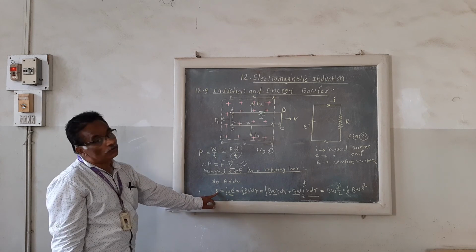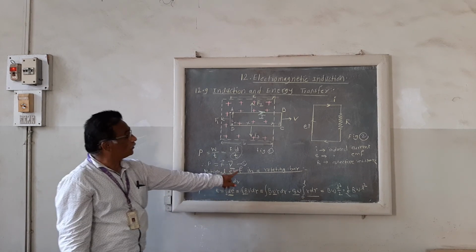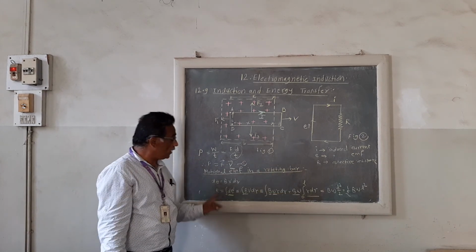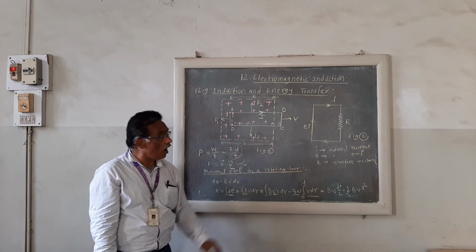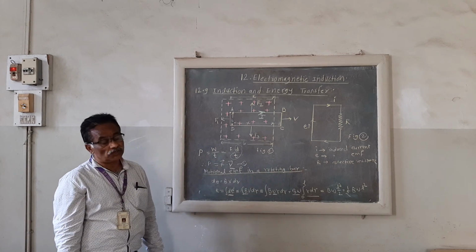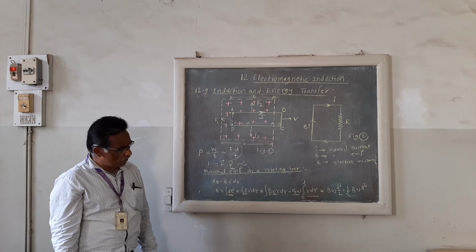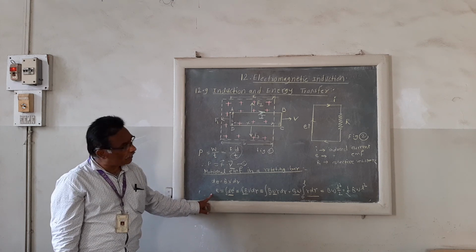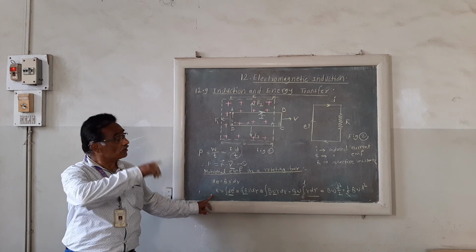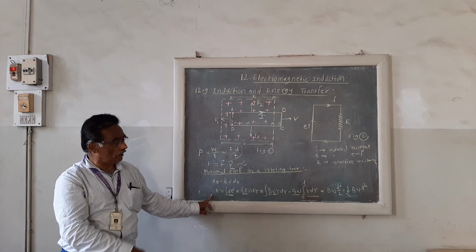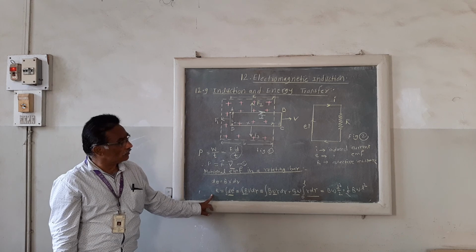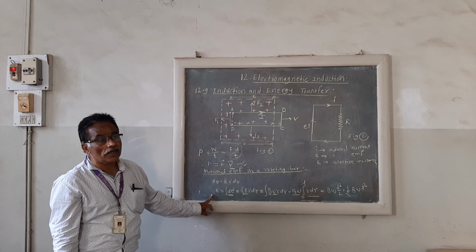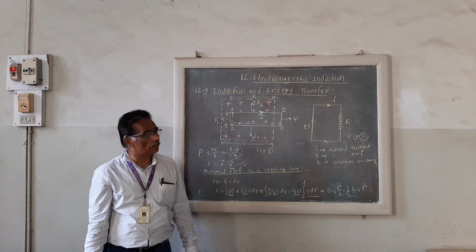The final equation for induced EMF in the case of the rotating bar will be E equals 1/2 B omega L square, where B is the magnitude of magnetic induction, omega is the angular velocity with which the bar is rotating in a clockwise direction, and L is the length of the bar.